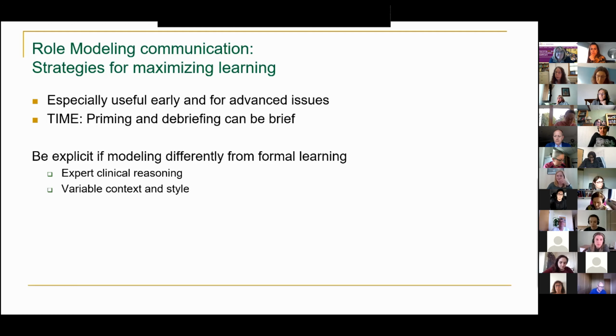The important thing to do when that is happening is to explain to the learner, when we go in here, I am not going to model the kind of communication skills we were talking about because you've already done a lot of that work. And also just paying attention to variable context and style, because we know communication skills vary by context.